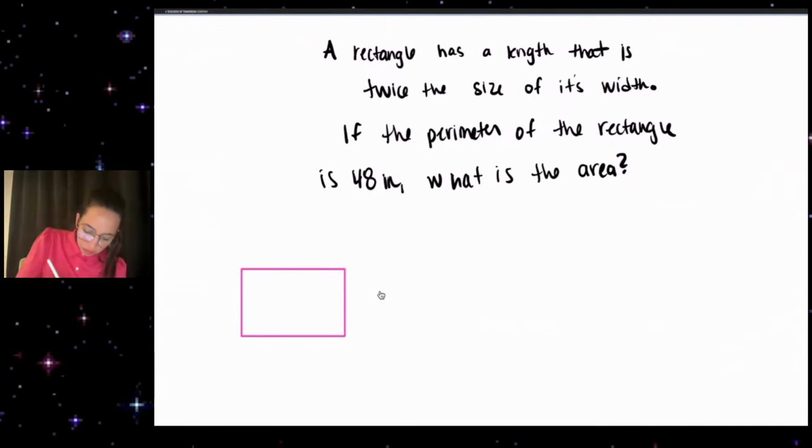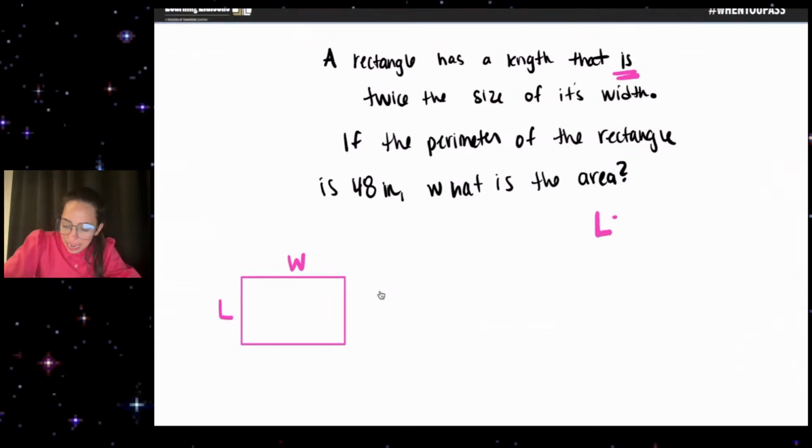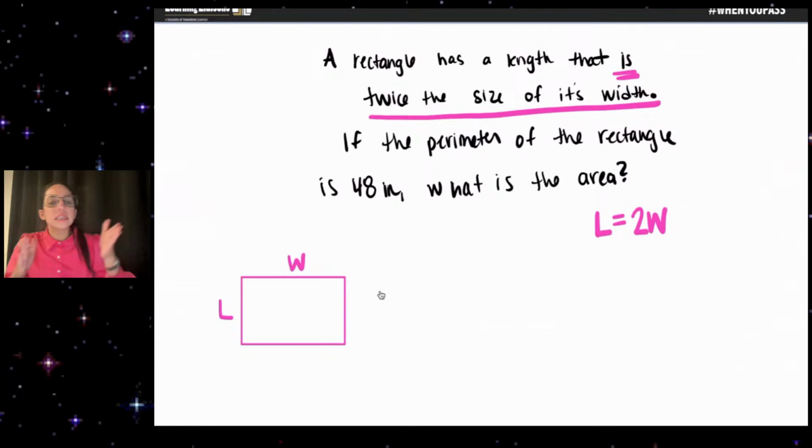So a rectangle, I'm going to draw my rectangle, has a length. So I'm going to label these length and width. A length that is. Whenever I see is, I think equals. So length is twice the size of the width. 2 times W. Perimeter of the rectangle is 48.